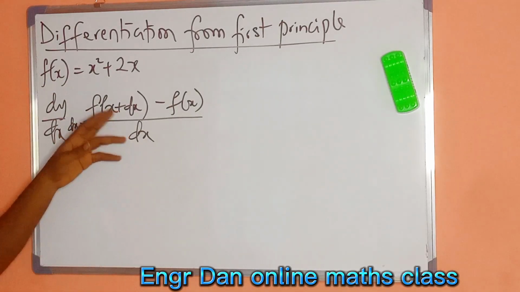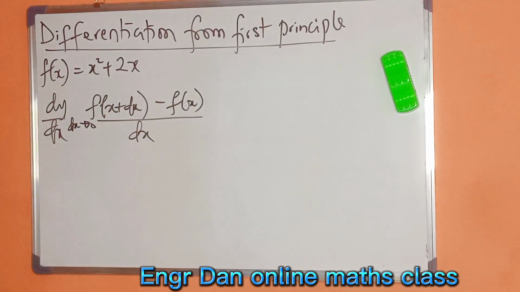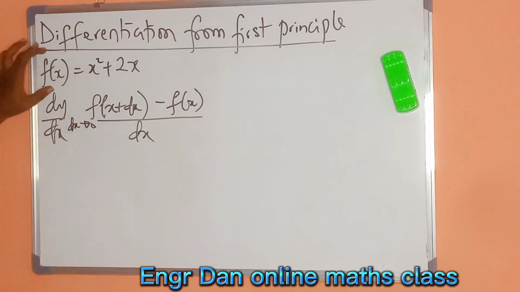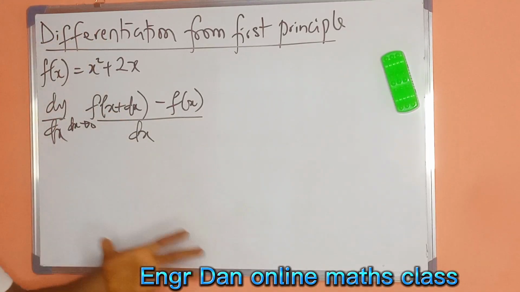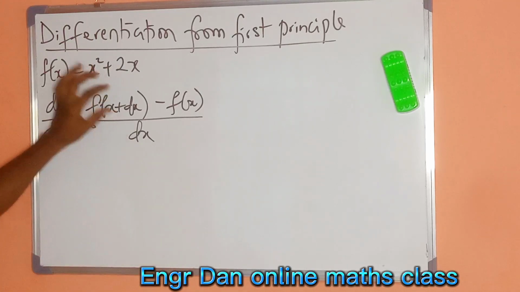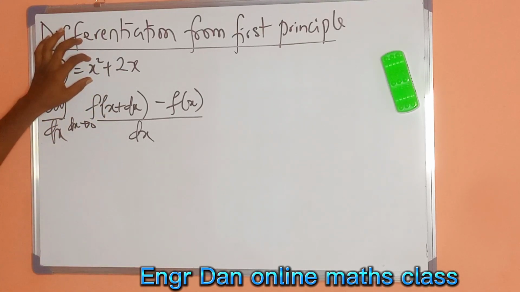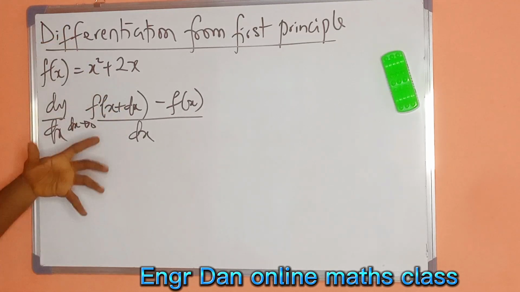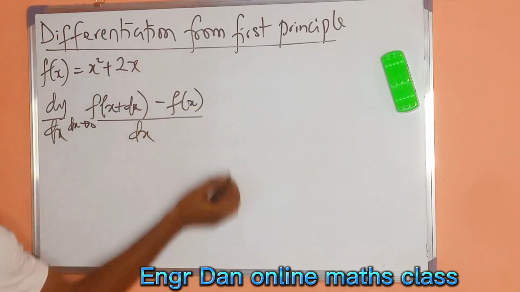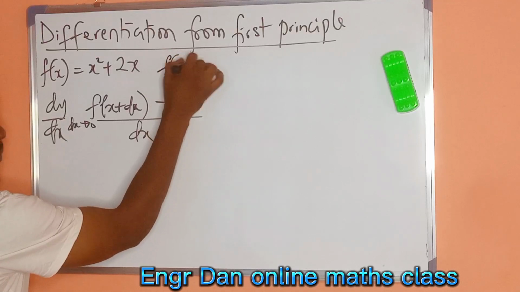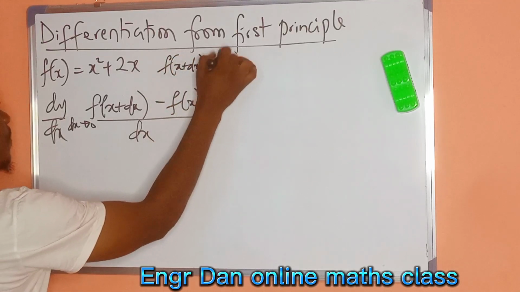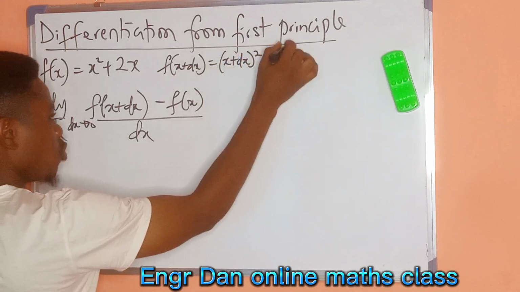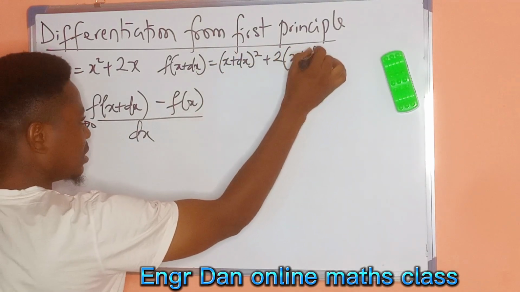f of x plus dx is not difficult. All you need to do is, wherever you see x in this function, which is the question you were given, just substitute x plus dx. So we can say that f of x plus dx is x plus dx all squared plus 2 open bracket x plus dx.